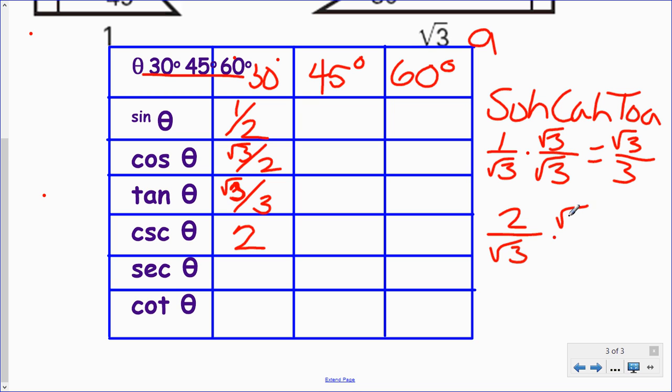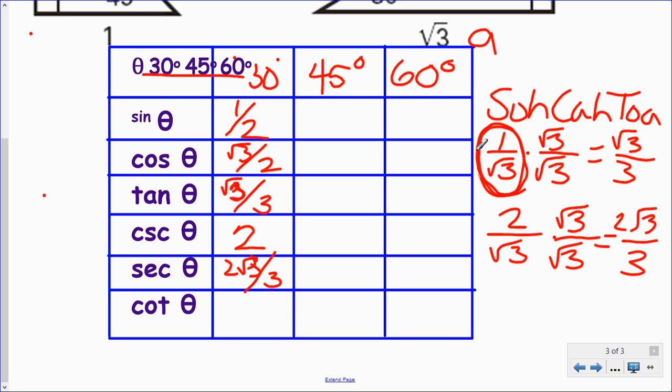But then if we rationalize the denominator, we get 2 square root of 3 over 3. And I'm going to try to squeeze that. That is a 3. I'm having trouble with my 3's. Okay, and then cotangent is the reciprocal of tangent. Now, if we go back over here, because this was initially tangent, and flip that, you'll get square root of 3 over 1, which is just square root of 3.